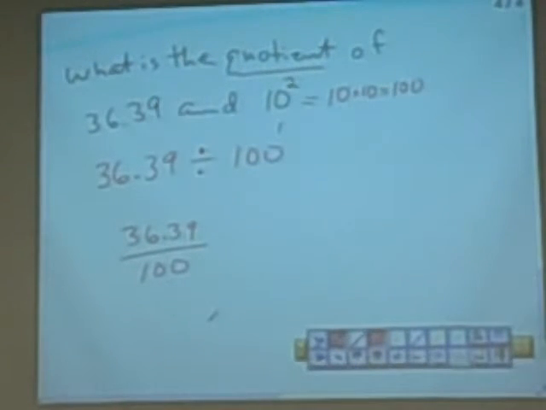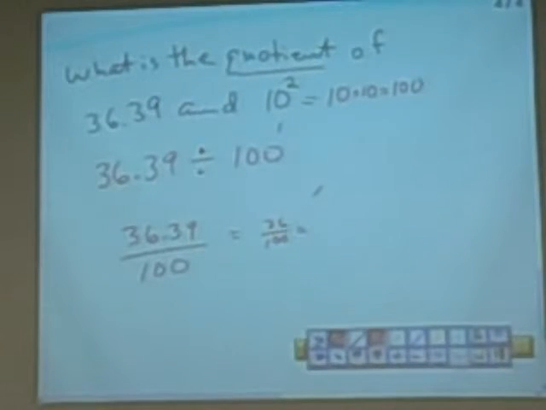So in reality, if we took 36.39 and divided that by 100, well, to estimate, well, we don't have to estimate these, but if we know that 36 divided by 100 would be what? 3,600.